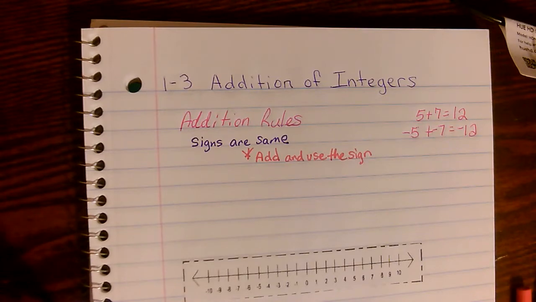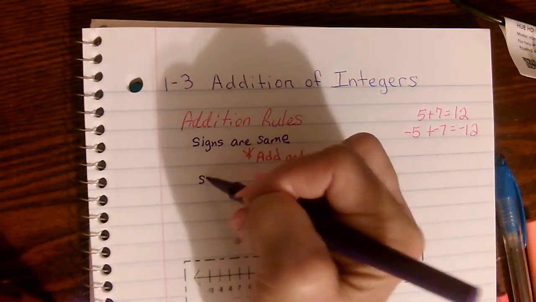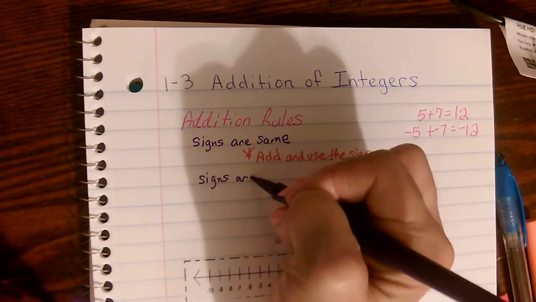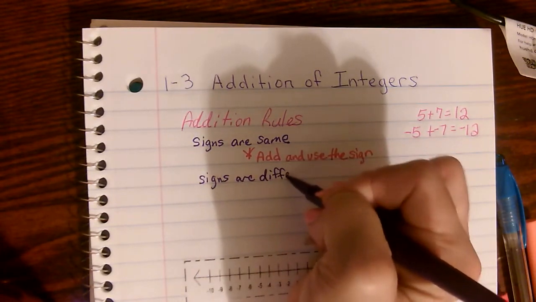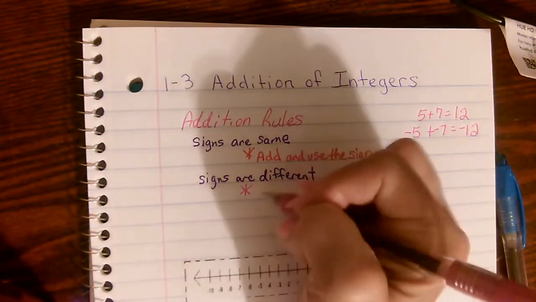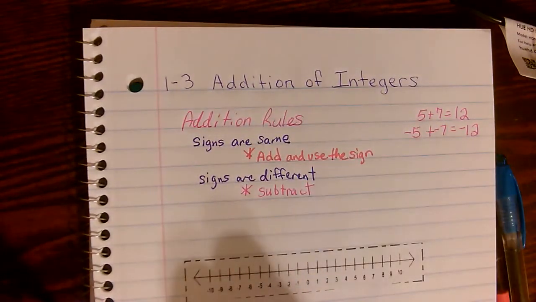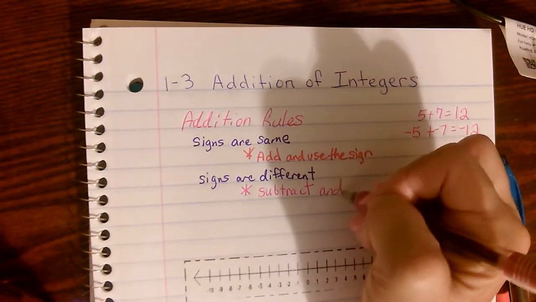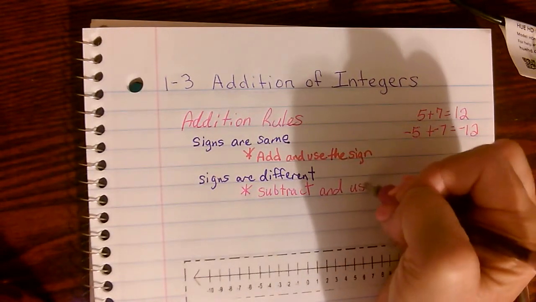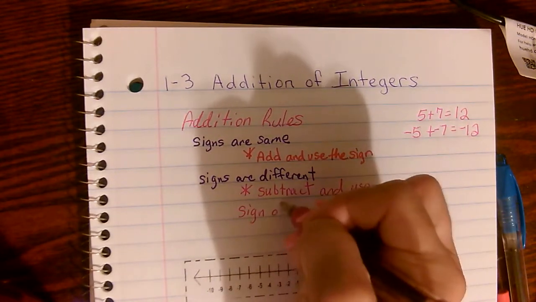Now what about if the signs are different though? If the signs are different, then in this case, you subtract and use the sign of the number farthest from 0.